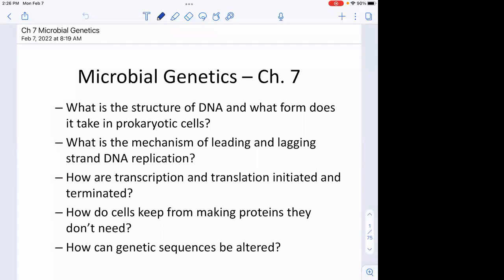Okay, so first of all, structure of DNA. Hopefully a little bit of a review to start with here, and then how that DNA gets replicated. That's a famous experiment we're going to look at. And then we're going to get to the nitty gritty of how replication takes place.